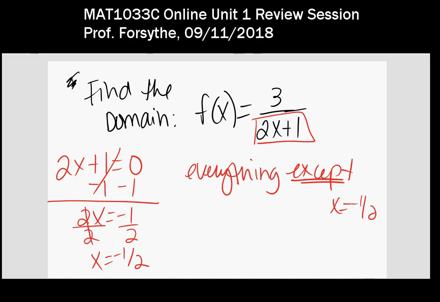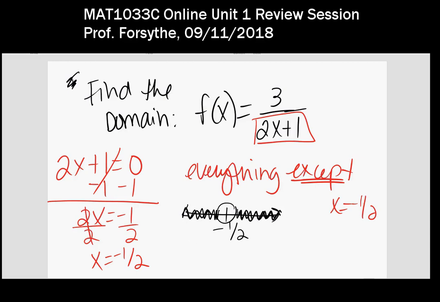So what would that look like on a number line? And I like going from number line to interval notation. It just makes more sense in my head. So if I've got negative 1/2 here, I'm not including it because that would make the bottom 0. But it's everything except that. Okay?